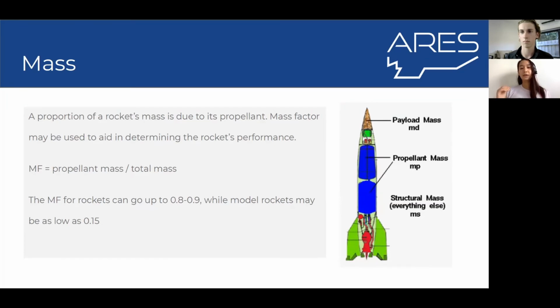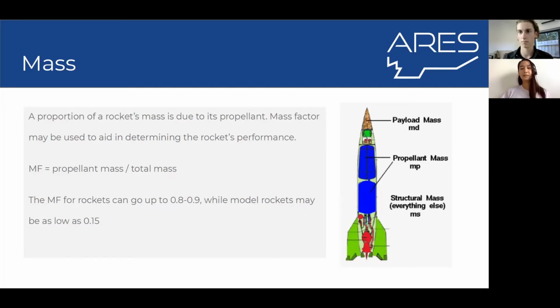In commercial rockets, the mass factor can go up to almost 0.8, which is roughly 80% of the rocket's mass. But in rocket models, we're not dealing with a gigantic amount of thrust needing to take us out of orbit, so we would deal with mainly around as low as 0.15, around 15% of the rocket's mass.